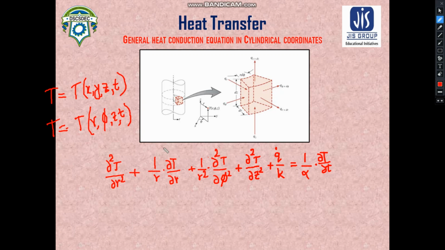So the equation which was earlier del2T/delx2 plus del2T/dely2 plus del2T/delz2 plus q dot by k equal to 1 by alpha delT/delt has been changed into this format. Because of the changes in the coordinates, this equation goes on changing like this.